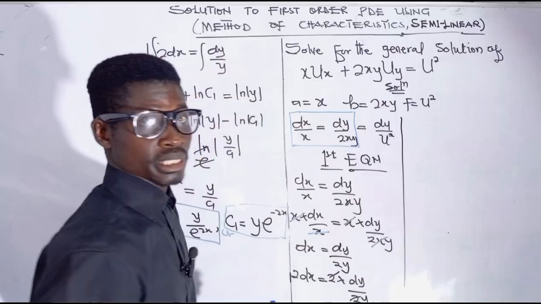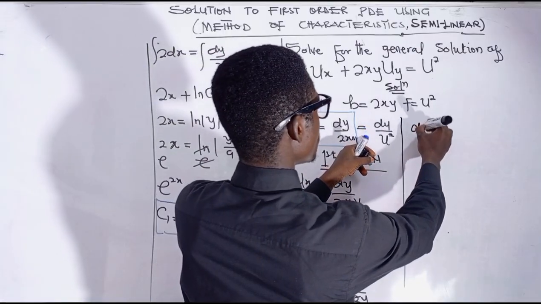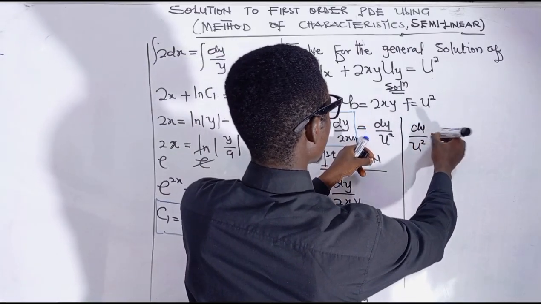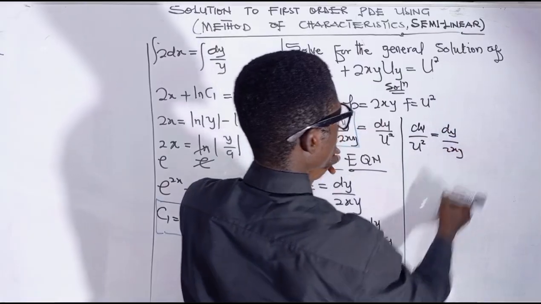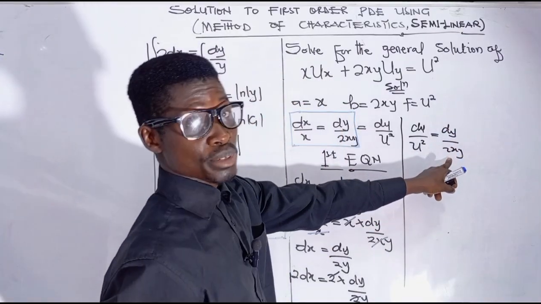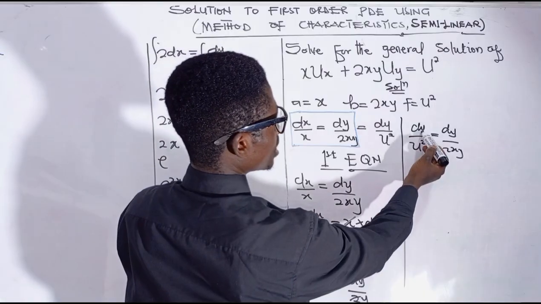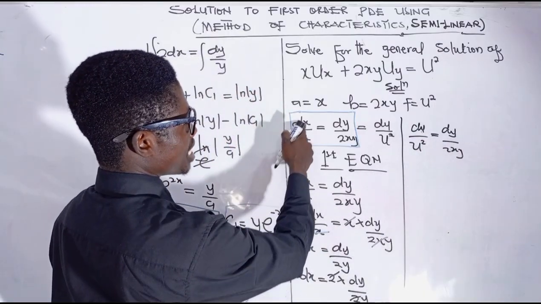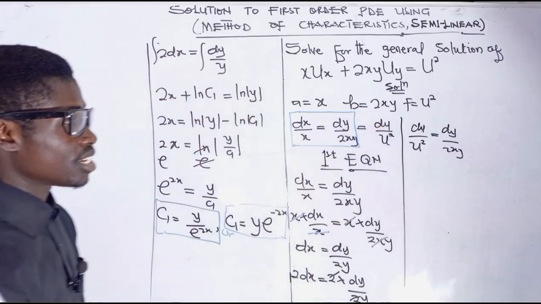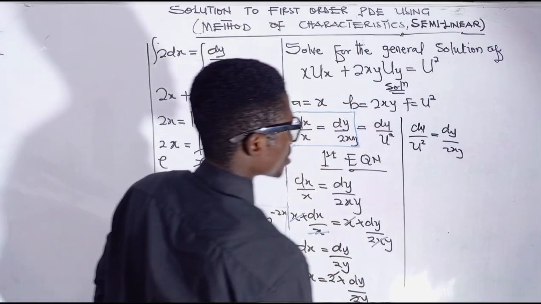If you take du over u squared and dy over 2xy, you can see that we have x here. We can't separate the variables, so we can't pick du and dy. Since we have x here, why don't we pick dx and du, so that it will be very easy for us to separate the variables.